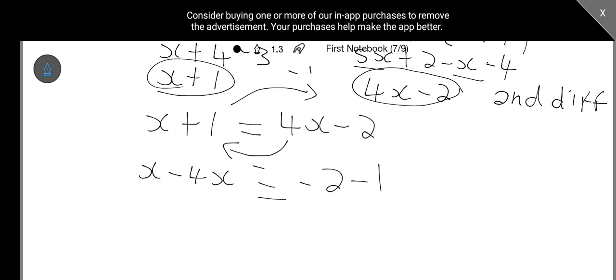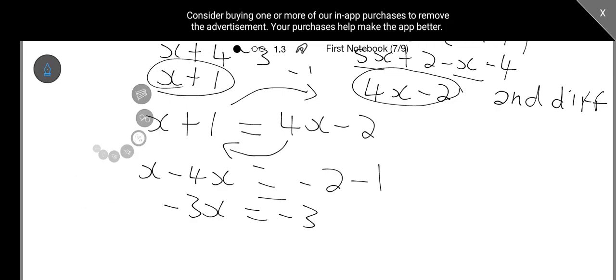Because the positive 1 has gone to the other side of the equal sign, it changes to minus 1 instead of positive 1. Even the 4x changes from positive 4 to negative 4. Then x minus 4x gives us negative 3x. And then negative 2 minus 1 gives us negative 3.